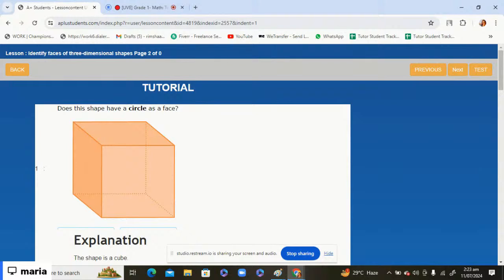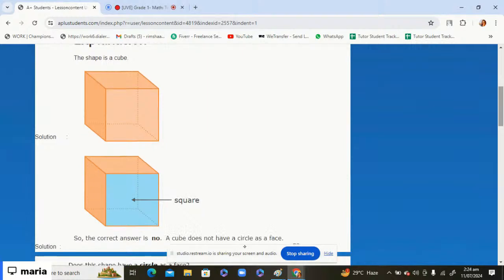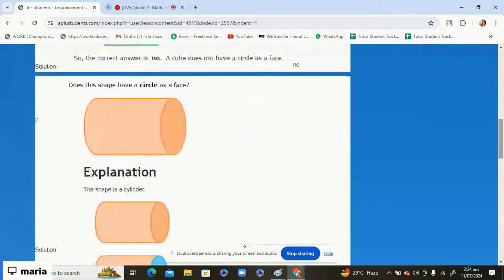In that figure, check it out. Is there any circle, is there a square, or is there a triangle? Triangle shape I already explained. Circle shape I already explained, and square shape I already told you. So check it out in which shape it is. This is a shape of a square. Okay, so we can say that it's the shape of a square, not the shape of a circle, so there is no circle in it.